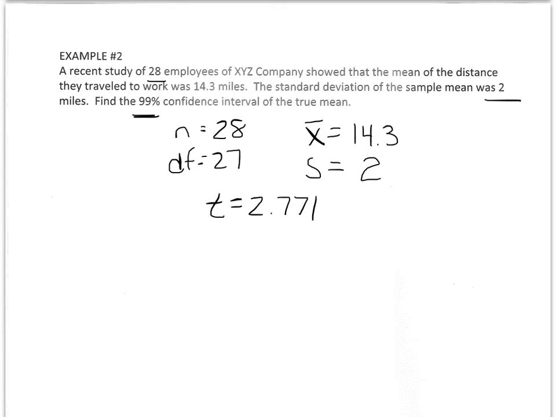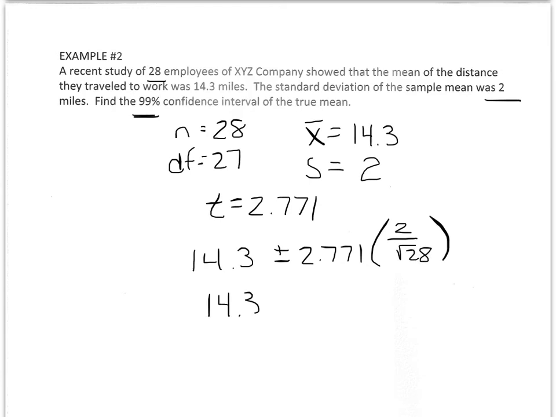Now I'm going to go ahead, I'm going to plug that value in just like I did before. My mean plus or minus my t-score, times the deviation over the square root of sample size. That's going to give me 14.3, and my margin of error is 1.05 miles.